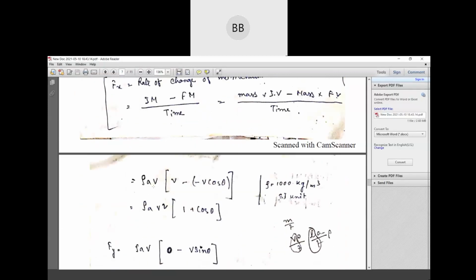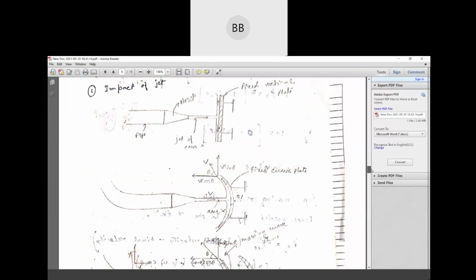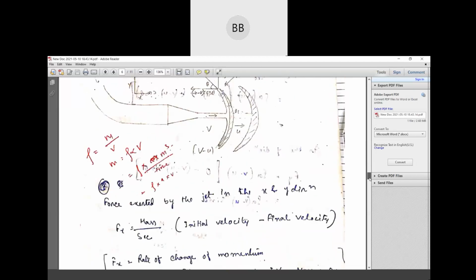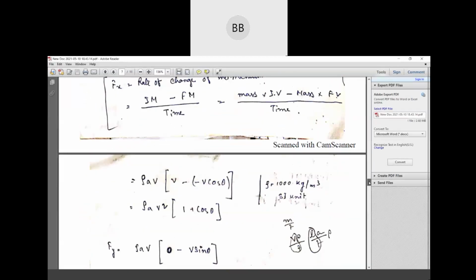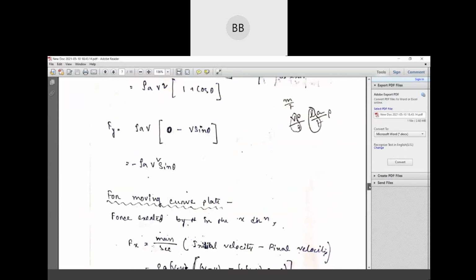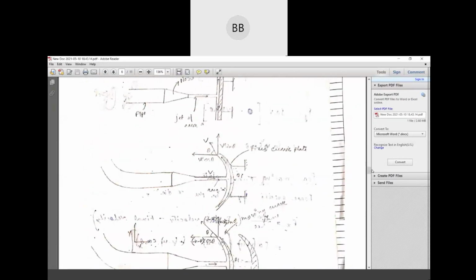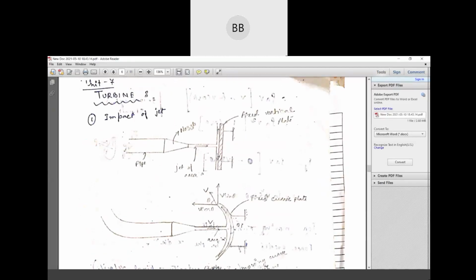So here rho AV is nothing but your mass per time. And here what we have to find is initial velocity minus final velocity. Initial velocity in the first case, we consider v is the velocity and it is in x direction, minus final velocity. Final velocity in x direction we have 0.